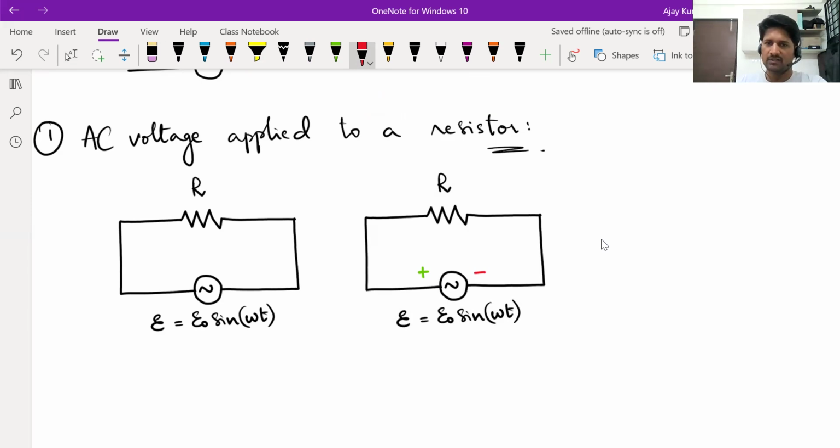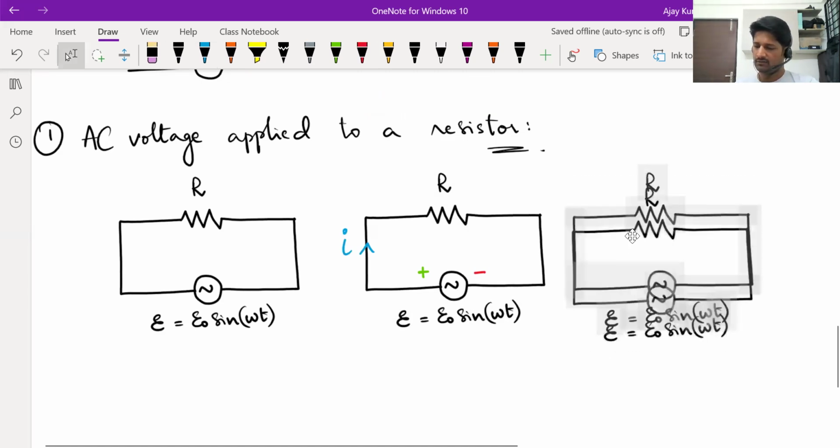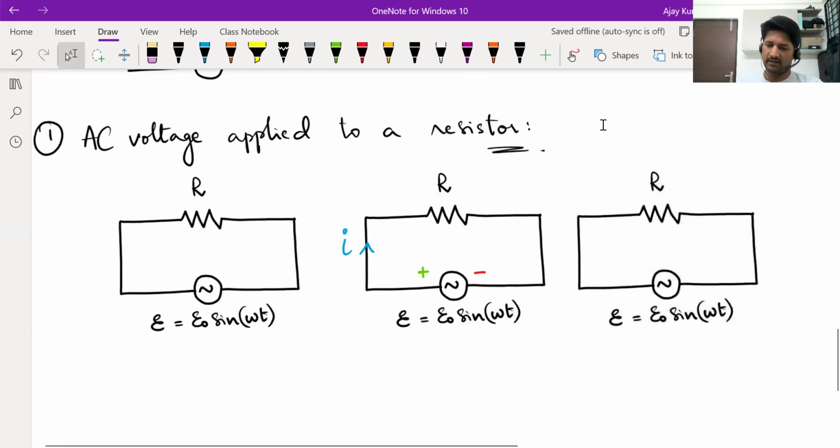Left end will be at high potential, right end will be at low potential. In that case, current will flow in the rightward direction, this way. But when the negative half cycle is going on, for the other half time period, the EMF will change its polarity. That side will be high potential, this side will be low potential. Now current will flow in the reverse direction.